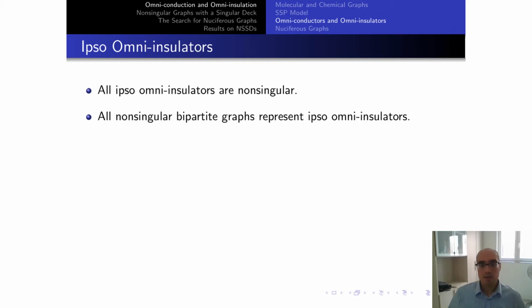And one way to realize this is to use a little spectral graph theory. As all of us know, a bipartite graph has its spectrum symmetric around 0. So if it is non-singular, it does not have a 0 eigenvalue.